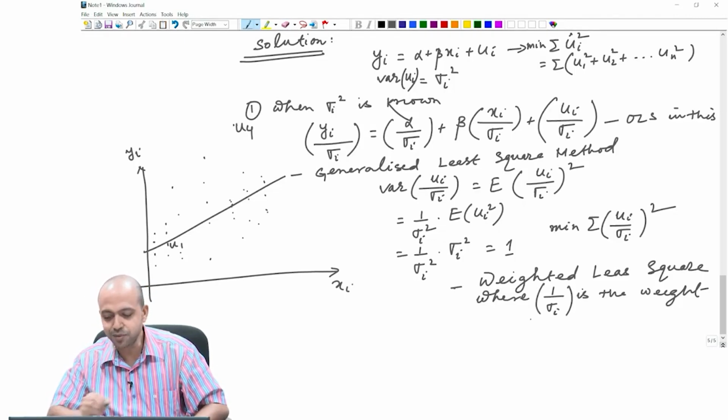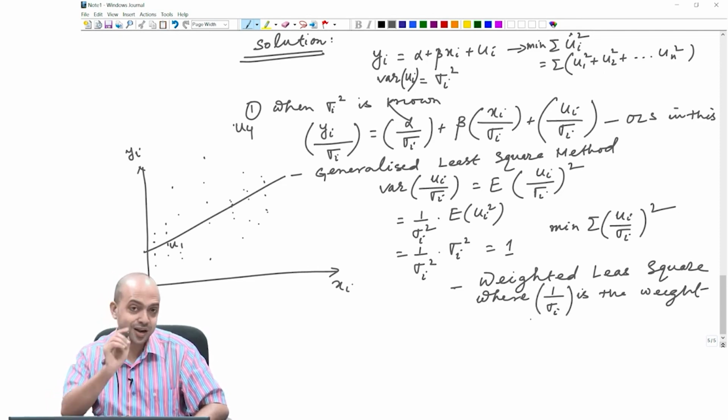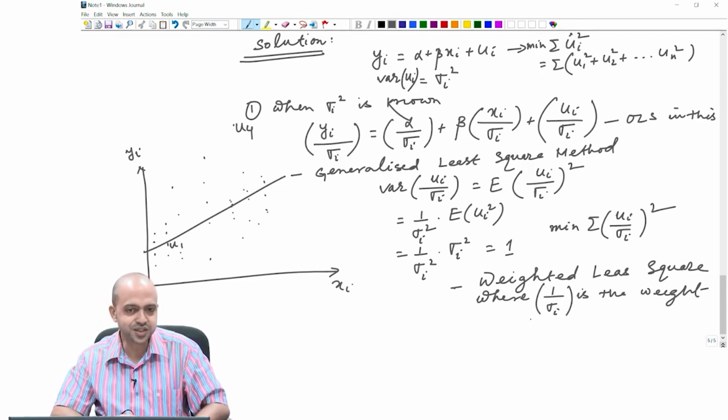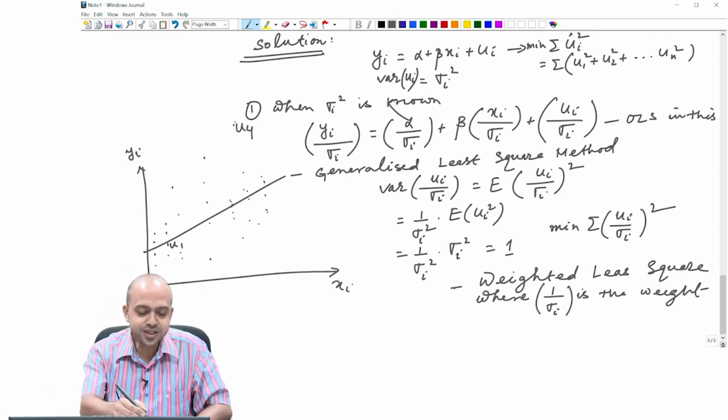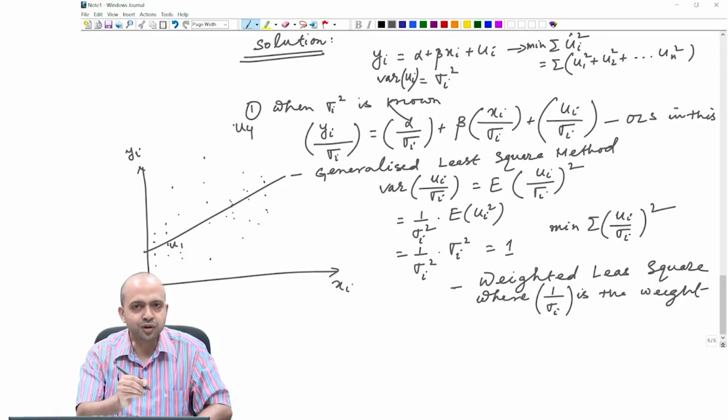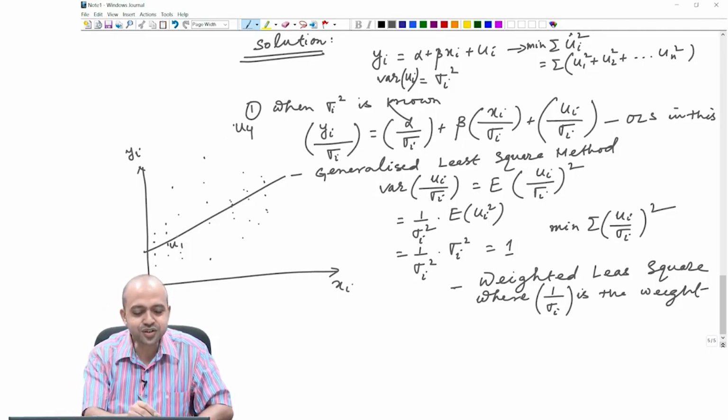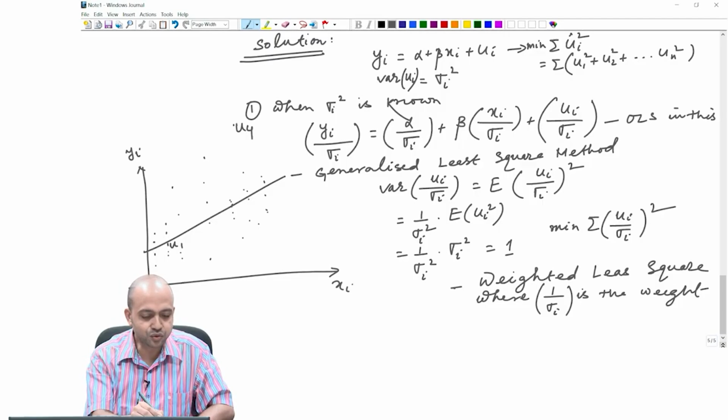Lower the weight I am attaching to that particular error term, and that should be realistic, that should be justified also, because this error term contributes less towards constructing this regression line. Why should I attach too much weight to this? Why should I attach similar weight to U4 with that of U1? U1, because this is too close to the predicted line.